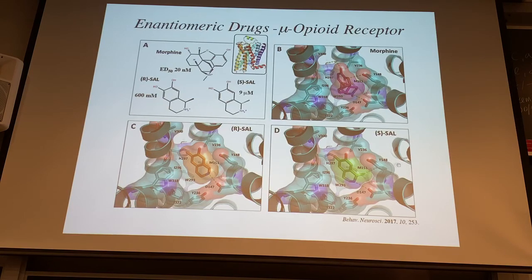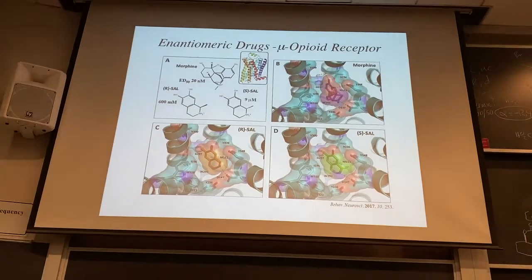This one has pretty good potency here at 9 micromolar. This one has pretty poor millimolar, many orders of magnitude less potent. They're both less potent than the actual natural drug morphine, but this points out that other property, right? That it's not just the optical rotation difference, it's also the difference in biological activity.